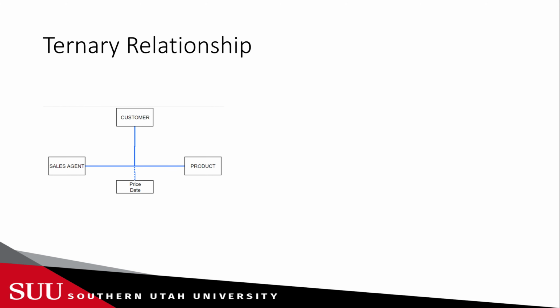I did not include the cardinality constraints here just to make it easier to understand. And then I also have some attributes in the relationship. So what this tells me is the sales agent sells a product to a customer. And then I need to store the price and date.